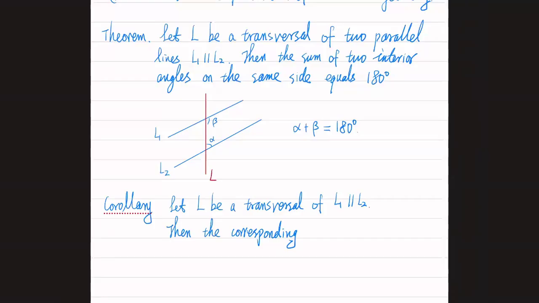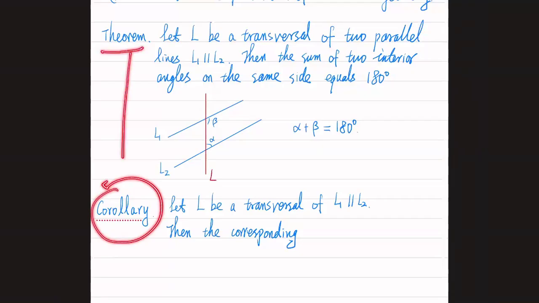Okay, let me rewrite. Corollary. So this is also a theorem, but one that can be derived easily from a bigger given theorem. So we call them corollaries, to follow from other ones.